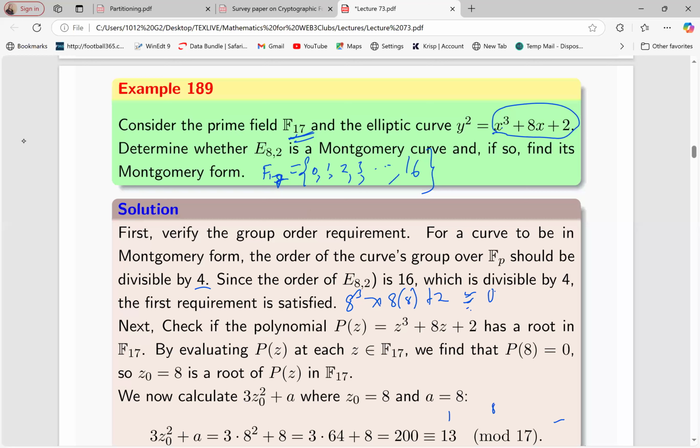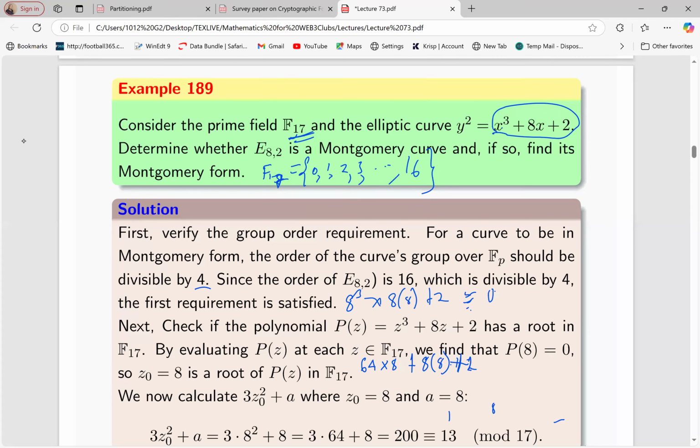Then manually you can still do it. Because 8 times 8 is 64, times 8, and then plus 8 times 8, then plus 2.